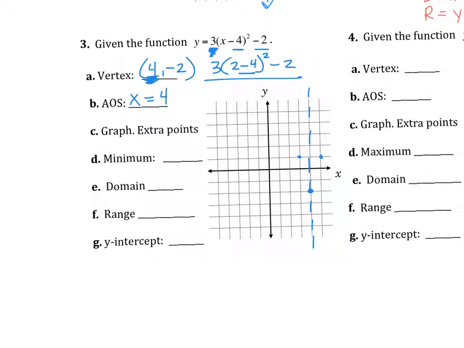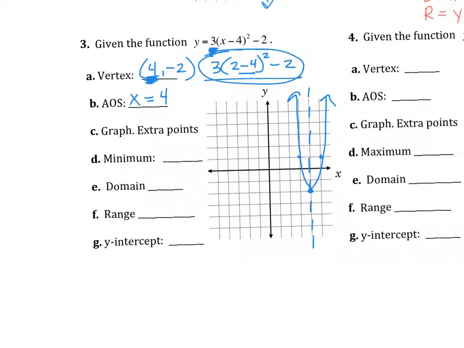So 3 parentheses 2 minus 4 parentheses squared minus 2. You get 10 for that, which is going to fall off our graph. So I'm not even going to plot that one. But don't hesitate to just plug it in, but just be careful that you're plugging it in with parentheses, okay?